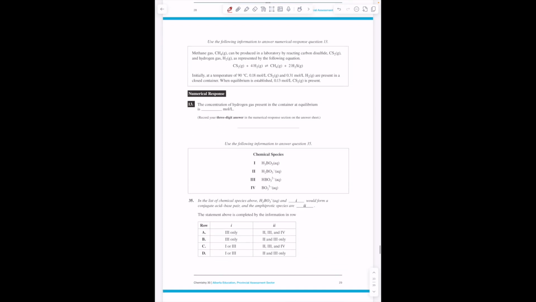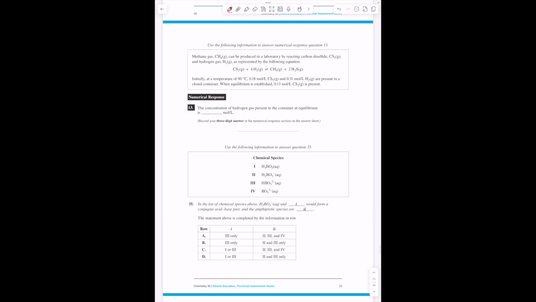Perfect. Okay, what do we got here? So they give us an equilibrium equation. Initially, we have 0.18, 0.13. Equilibrium is established. Okay, so ice table. Well, let's do it. So I'm going to just use this equation up here. I'm just going to pretend that's right here.